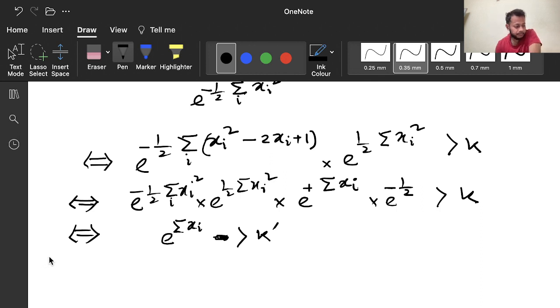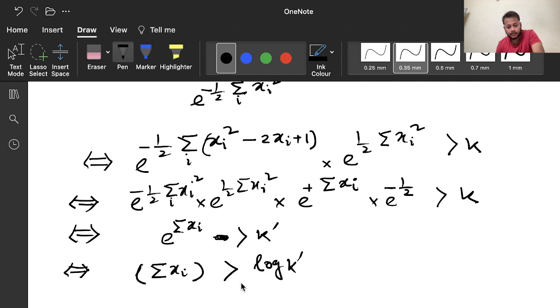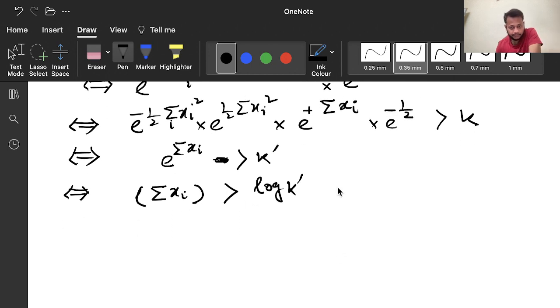Or you can take log on both sides, so it will give summation of xi is greater than some log k prime, and it's again a constant, so summation of xi is greater than some other constant.